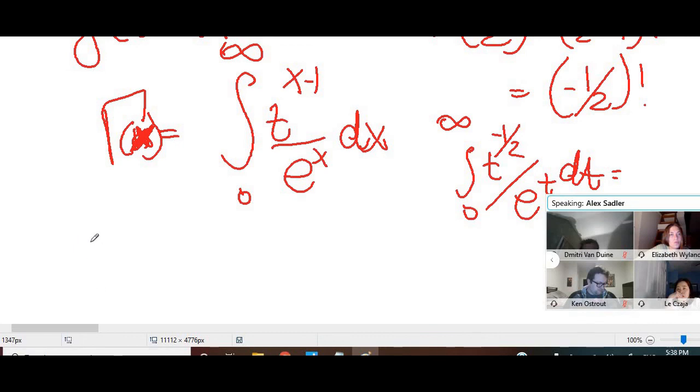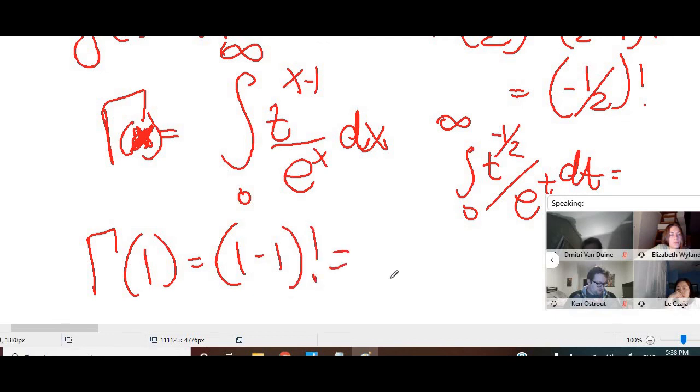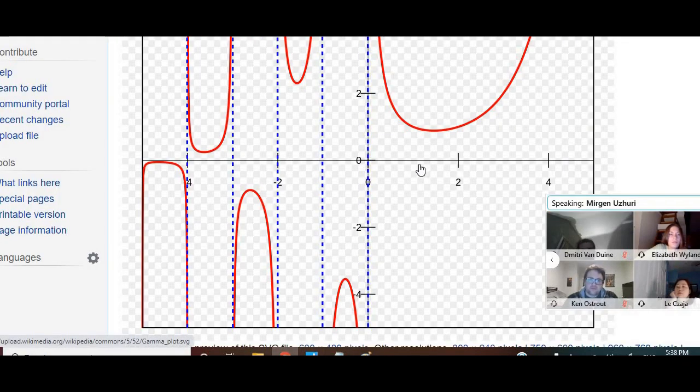I say that gamma of 1 is 1 minus 1 by definition, a 0 factorial. That thing equals 1. Gamma of 1. When x equals 1, gamma is 1. Are you guys with me on that? When x is 1 over here somewhere, y is also 1. You with me on that? By the way, attained by really painful, laborious computation.